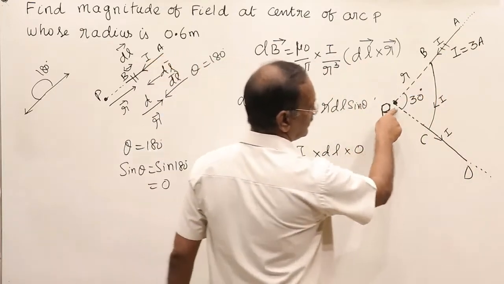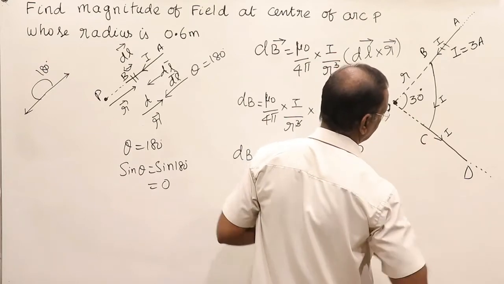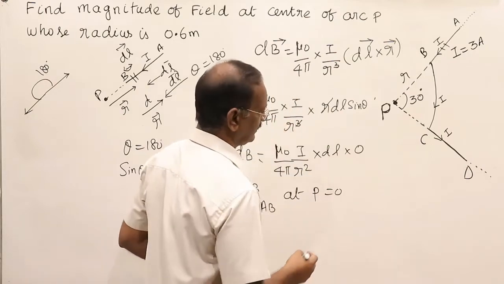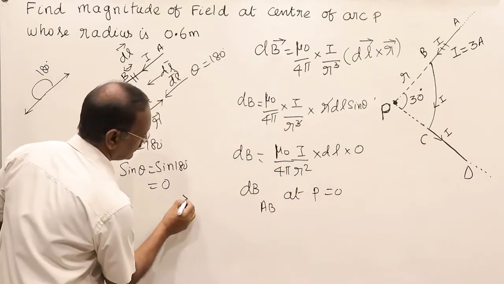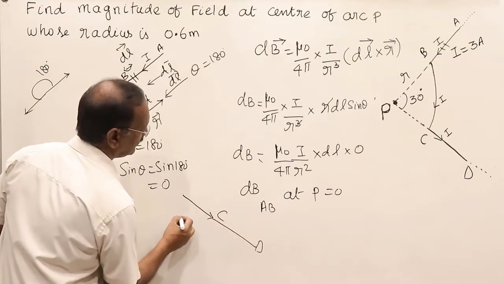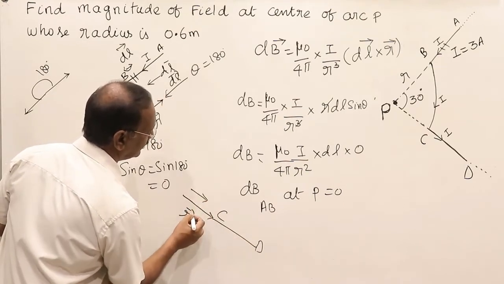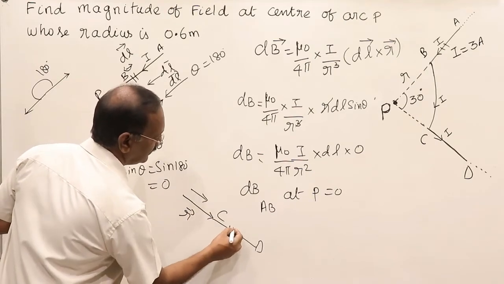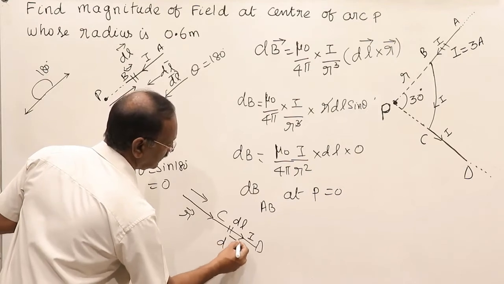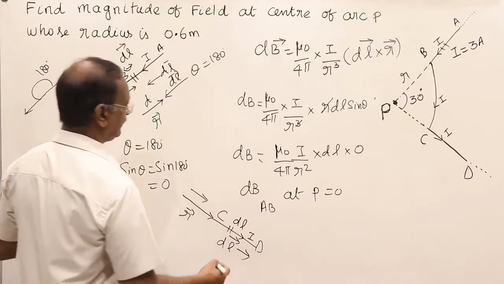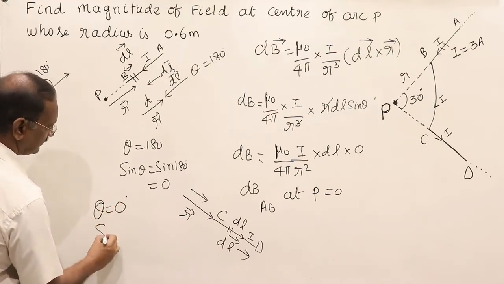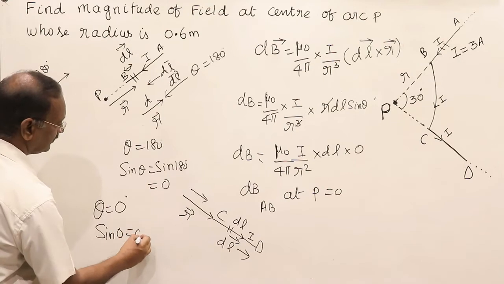Similarly, for this length, the current element is also equal to 0, because here the R vector is in this direction, this is C, this is D, and the dl vector, the current direction, is along this. So in this case theta is equal to 0 degree, and sine 0 is equal to 0.